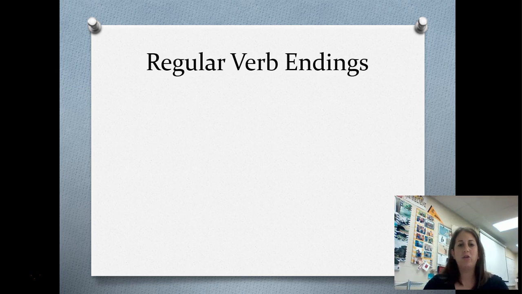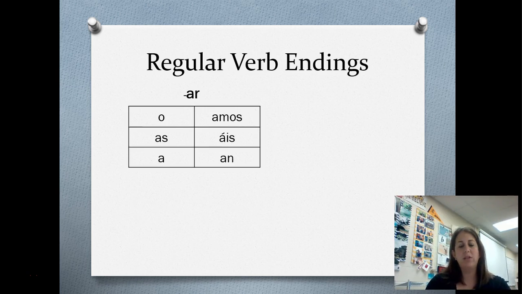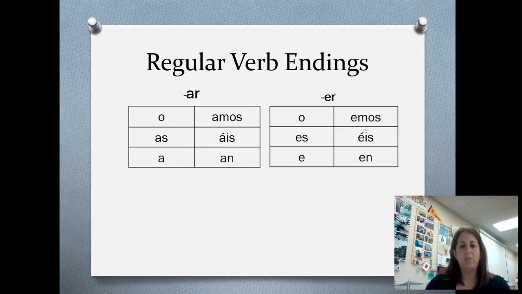So let's talk about first our regular verb endings. Now we know that we've got three types of verbs in Spanish, and here are their endings. So we know who it is that we're talking about, and we know that we're using the present tense. So we've got our AR verbs: o, as, a, amos, áis, and an. Notice in the vosotros conjugation, there's an accent over the a. We've got our ER conjugation: o, es, e, emos, éis, and en.